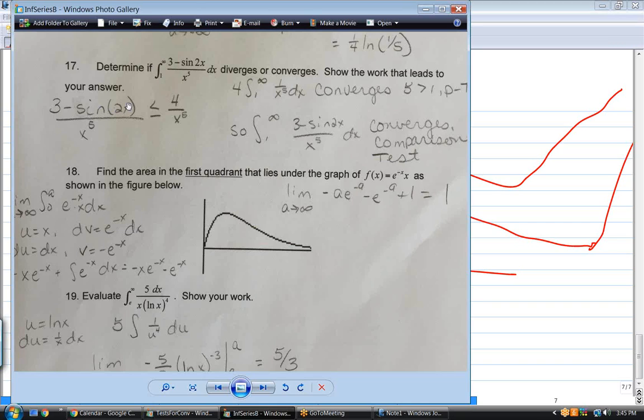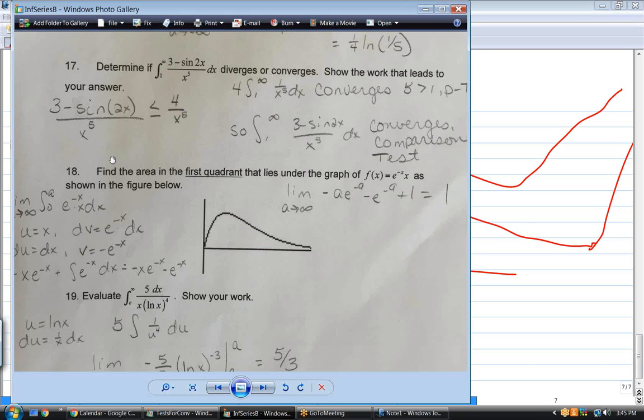Because the range of sine is negative 1 to 1. It can never be less than negative 1, and it can never be greater than 1. Therefore, 3 minus the sine of any angle has to be less than or equal to 4.